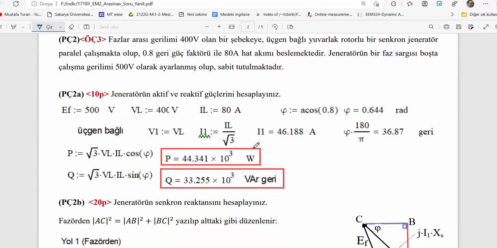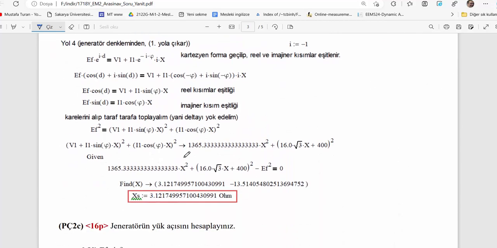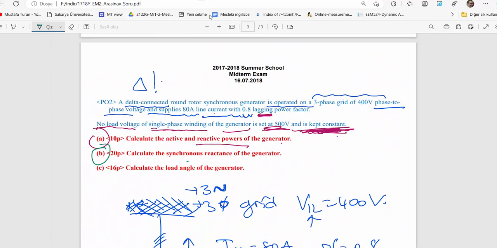Possibly edit later. The resistance of the armature must be given in the question. It is not mentioned here, I think. So in English, in the question, Ra is neglected. Omitted. Ra is omitted. It is given in the question. Assume that it is given.